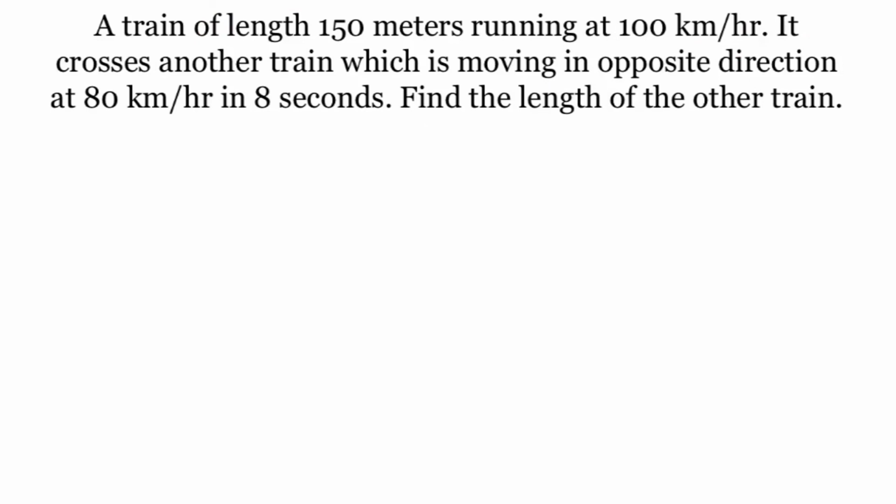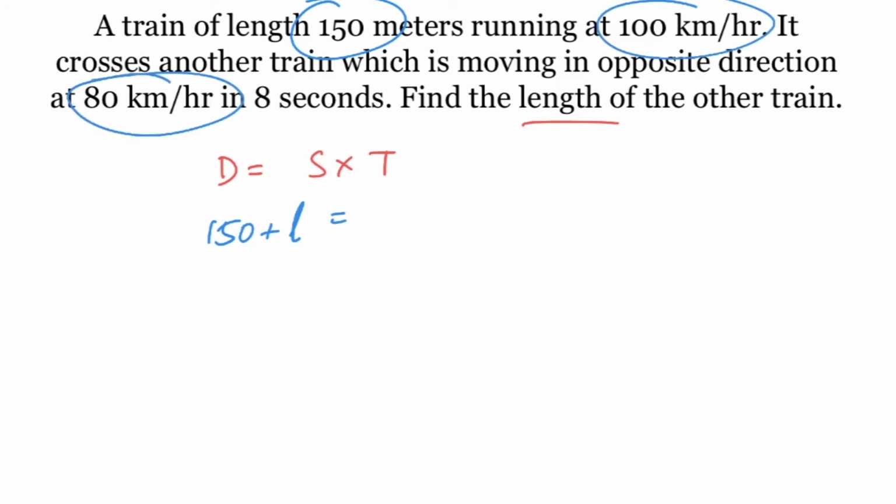A train of length 150 meters running at 100 kmph crosses another train which is moving in the opposite direction at 80 kmph in 8 seconds. Find the length of the other train. Length is required, that is distance. Distance is speed into time. Length of first train 150 plus length of second train, which is not given and required, is equal to speed. Two speeds are given, 180.